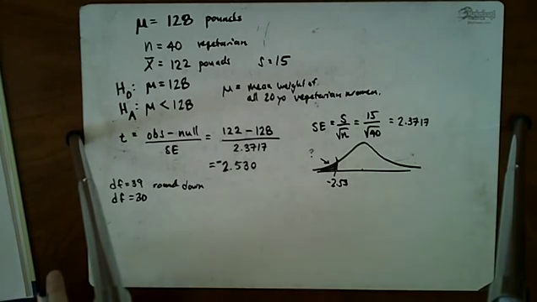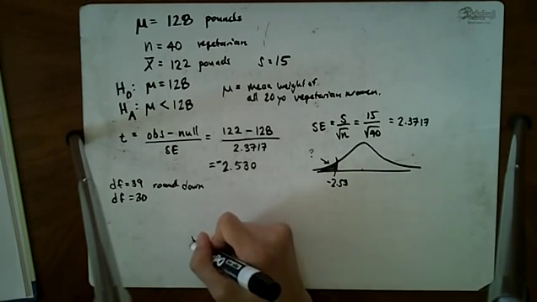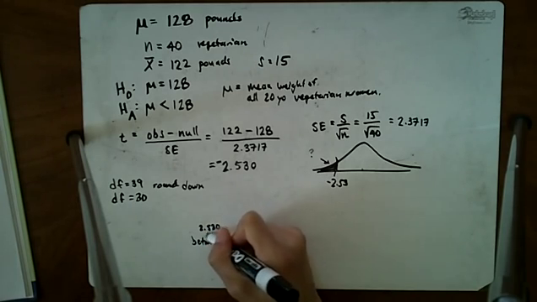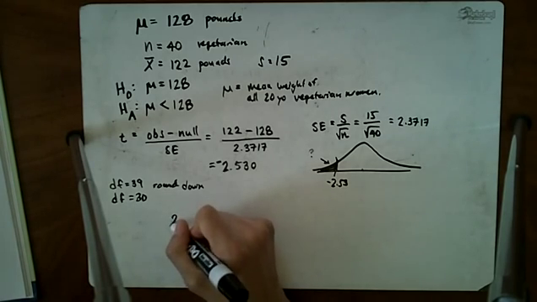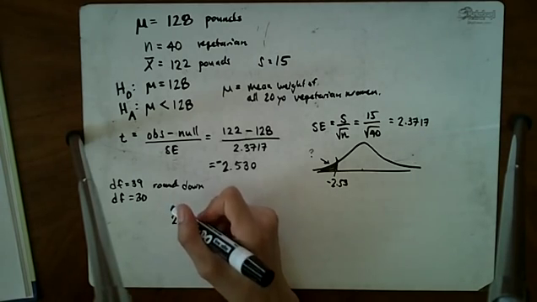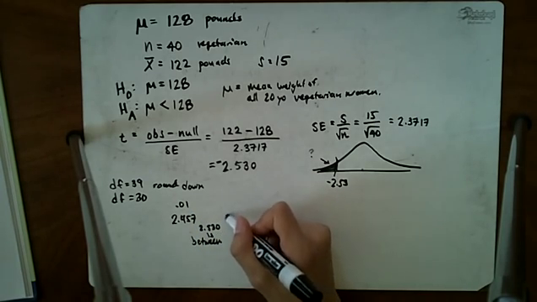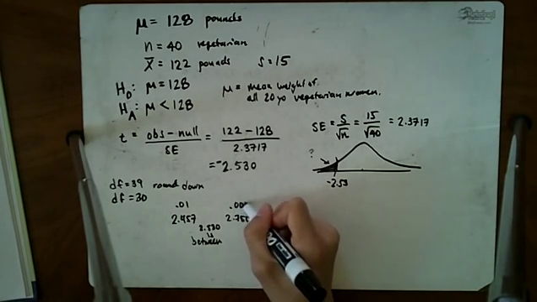And so when I look at 30 degrees of freedom, I'm looking for the number 2.53, and I see that 2.530 is between two numbers, 2.457, which corresponds to a tail probability of 0.01, and it's also between 2.750, which corresponds to a tail probability of 0.005.